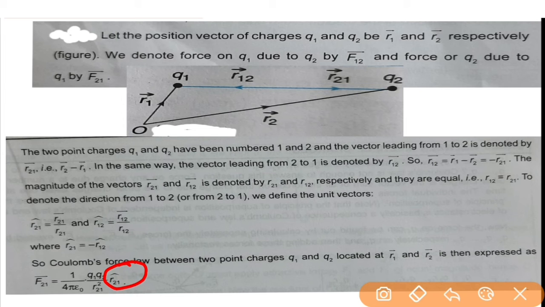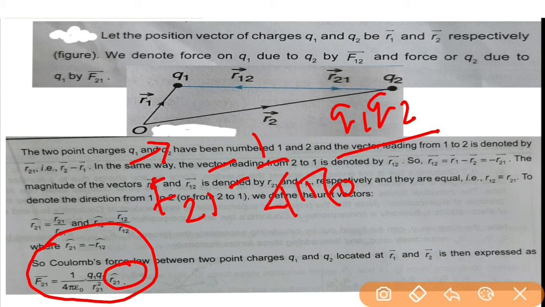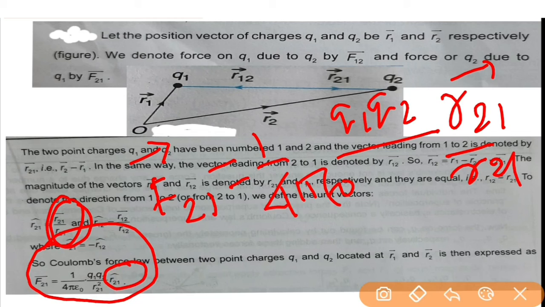Now in this equation we can replace R21 cap by R21 vector by the magnitude of R21. So F21 vector equals 1 by 4 pi epsilon 0 Q1 Q2 by R21 square into R21 vector by R21, and we get 1 by 4 pi epsilon 0 Q1 Q2 by R21 cube into R21 vector.